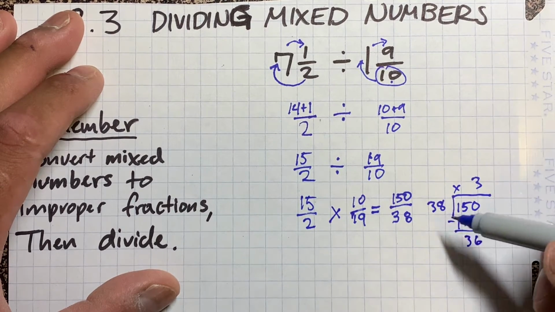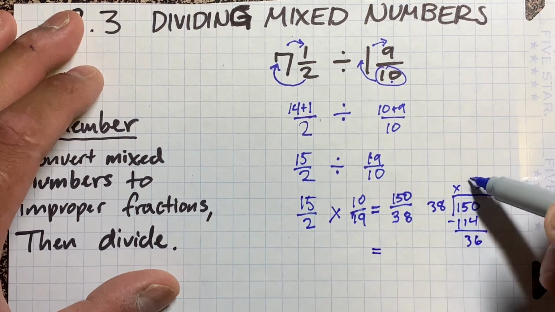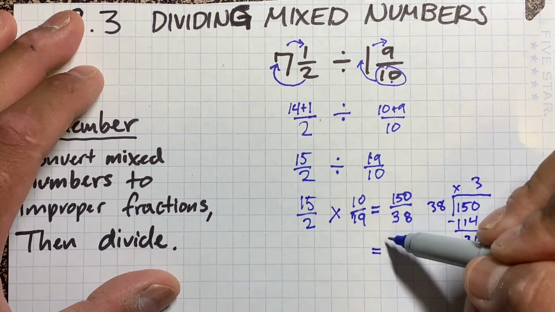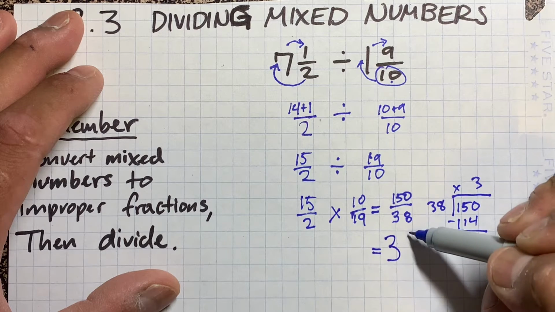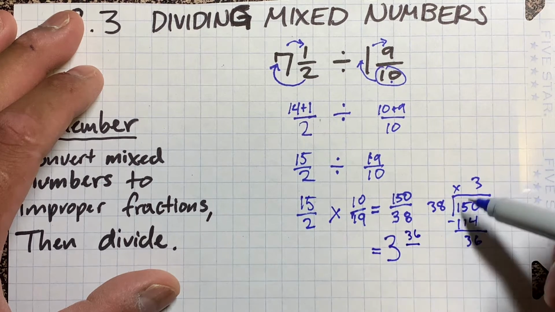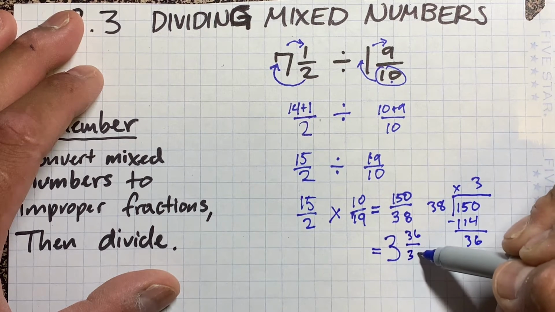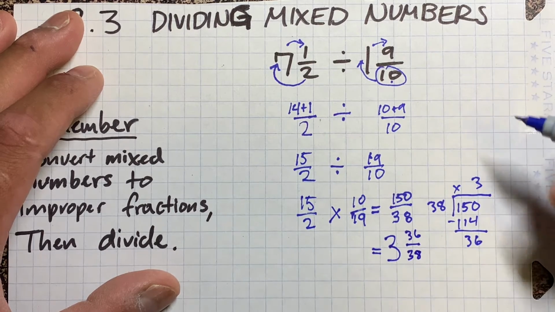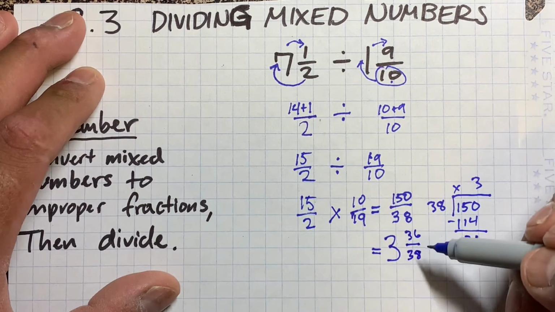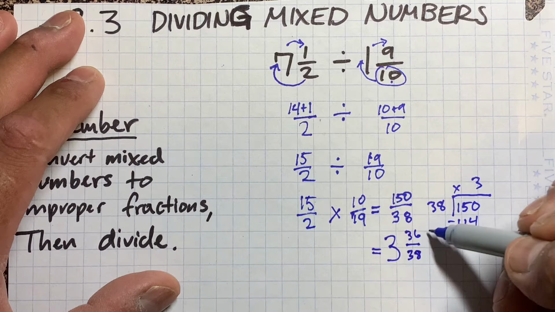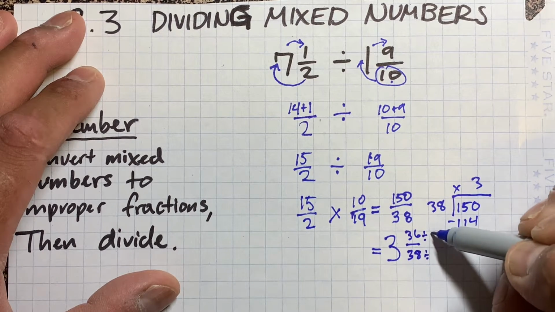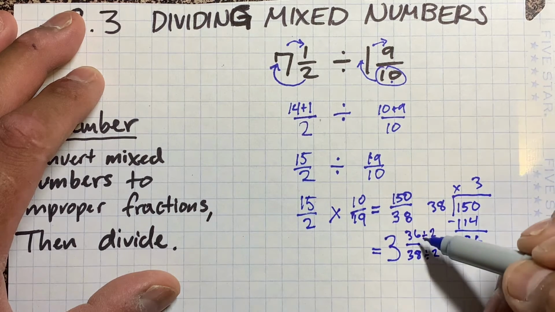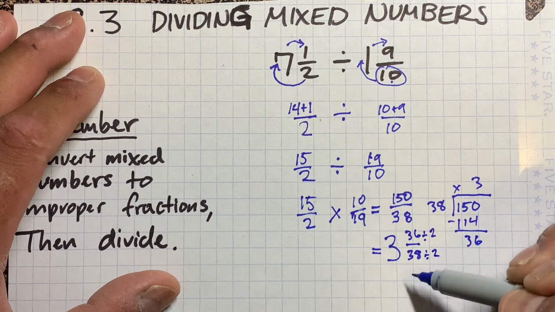And this would now be your whole number: 3 is your quotient. And then 36, your remainder, is going to be your numerator. 38, your divisor, would be your denominator. So what we can do is still reduce that by, let's see, maybe by 2. Half of 36 is going to be 18.